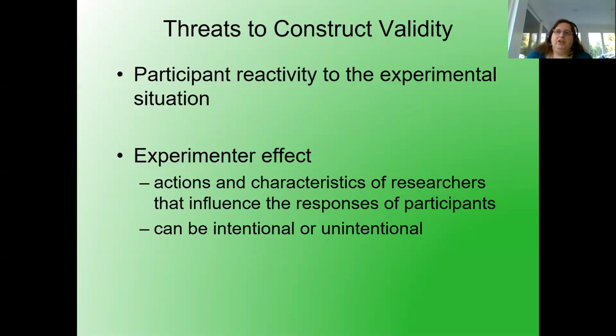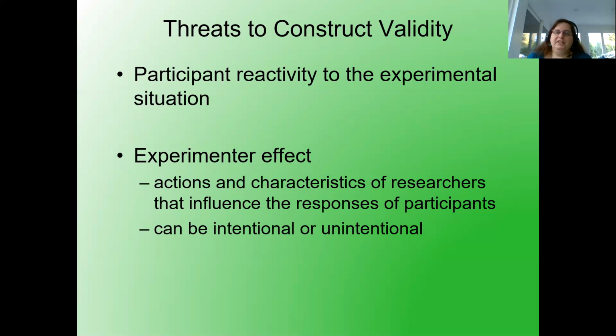What are some threats to construct validity? Well, a couple of big ones are participant reactivity to the experimental situation. Okay, so if a participant wants to perform in a socially desirable way, which most participants do, they want to give the experimenter kind of what they want, and so they might try to intuit that and have a reaction as a result of that.